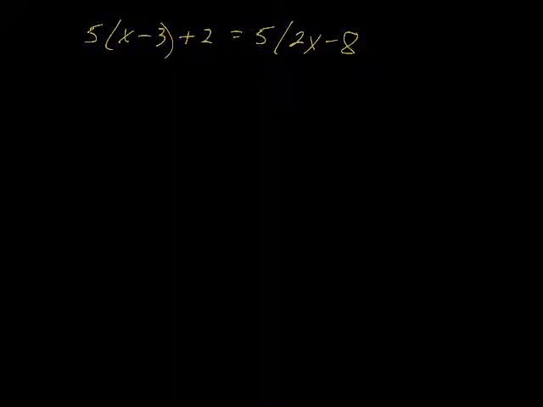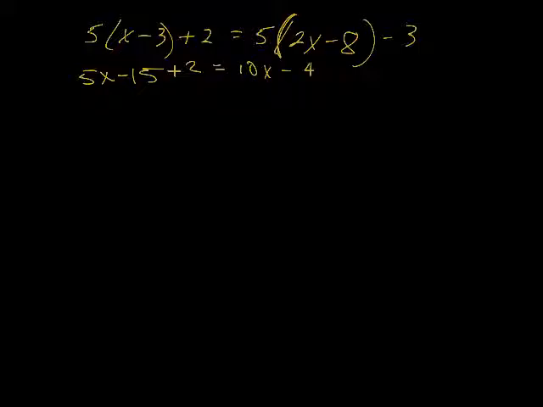Alright, change colors here. Example number 2 has 5 times x minus 3 plus 2 equals 5 times 2x minus 8 minus 3. Alright, so let's go ahead and distribute. 5x minus 15 plus 2 equals, so parenthesis, 10x minus 40 minus 3.